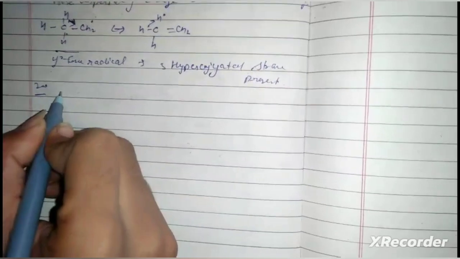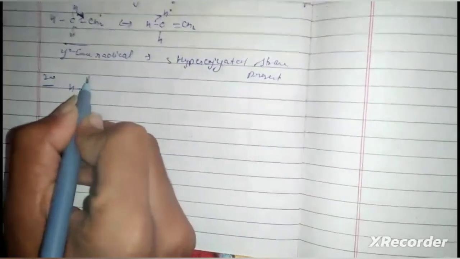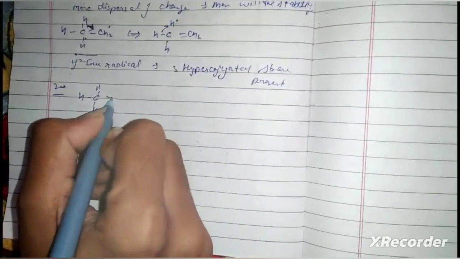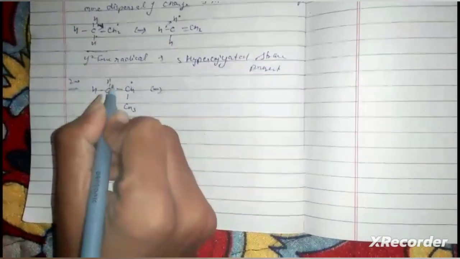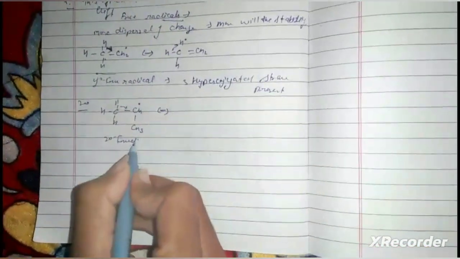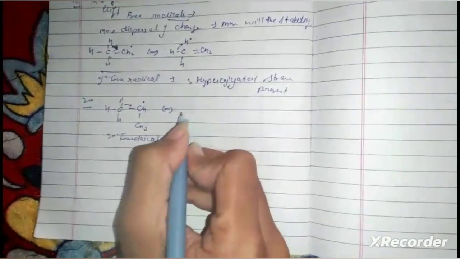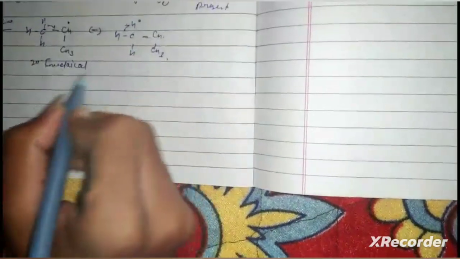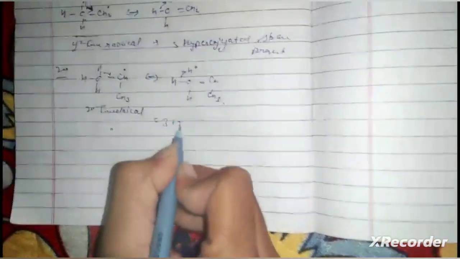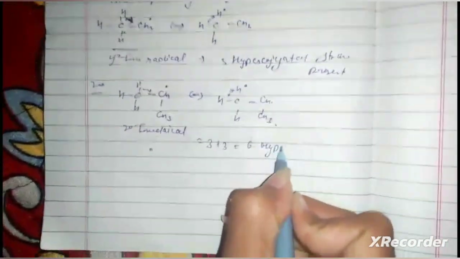In the secondary free radical, the structure is shown, and there are other hyperconjugated structures. 6 hyperconjugated structures are present.